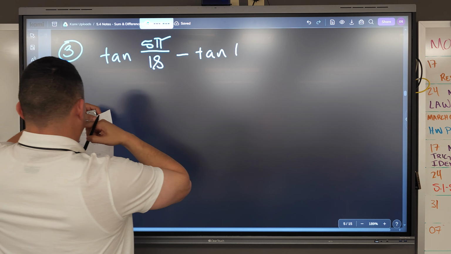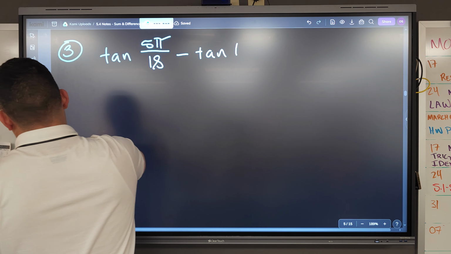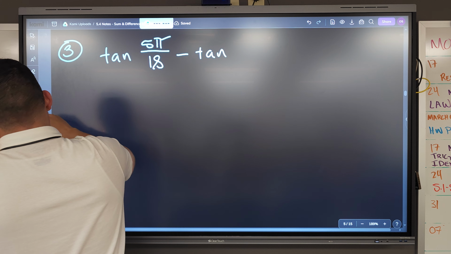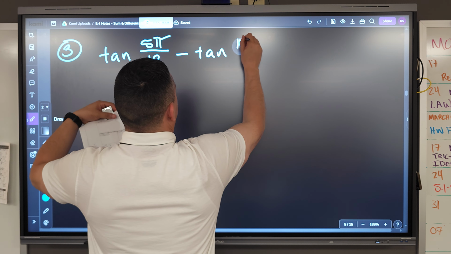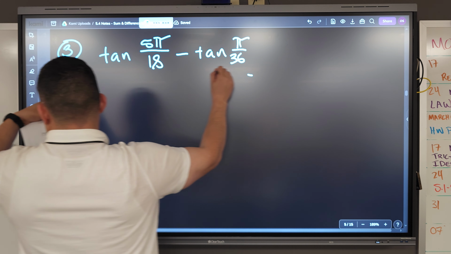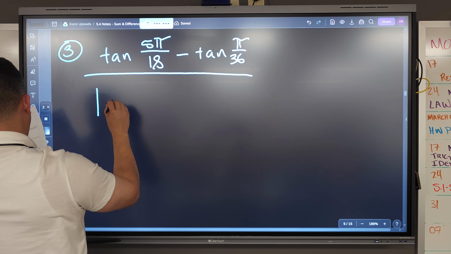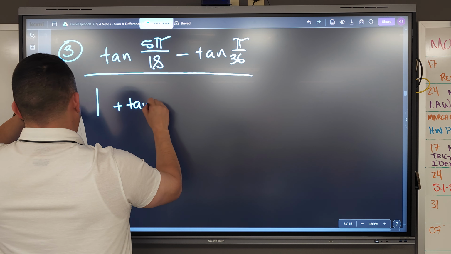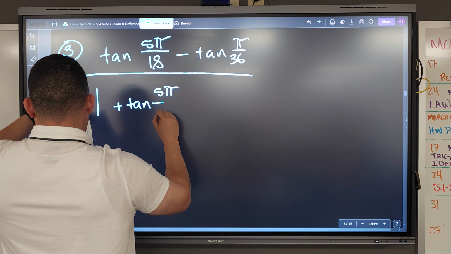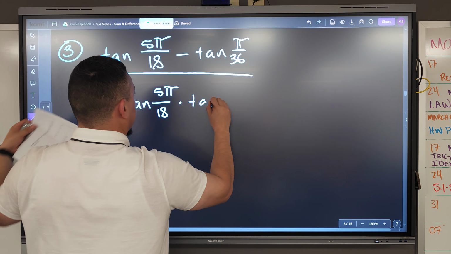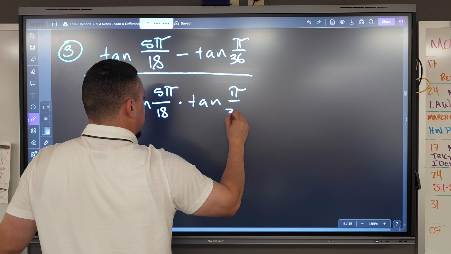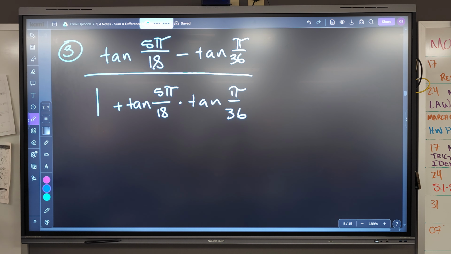Minus pi over 36. Over 1 plus the tangent of 5 pi over 18 times the tangent of pi over 36. So we've done degrees. This is a radian one. That way you can see how the radian one looks.